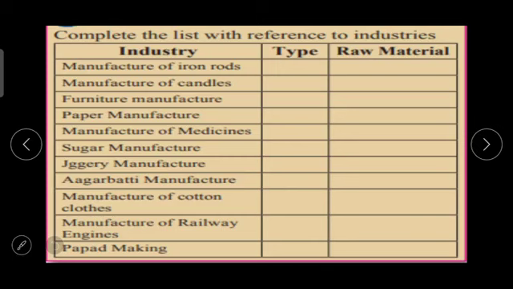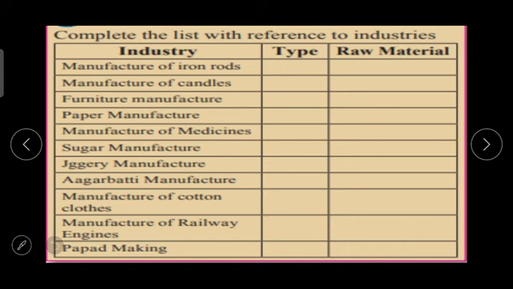Give it a try. Complete the list with reference to industries. What you have to do? Name of the industry is given. You just have to write down the type and the raw material required for this industry. Manufacture of iron rods. What type of industry is this? Is it small industry, medium industry or heavy industry?